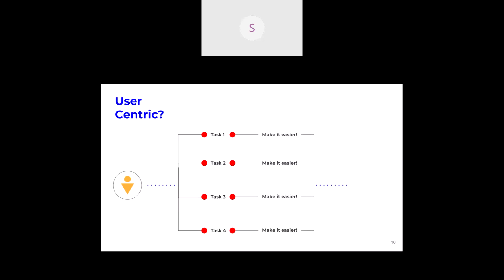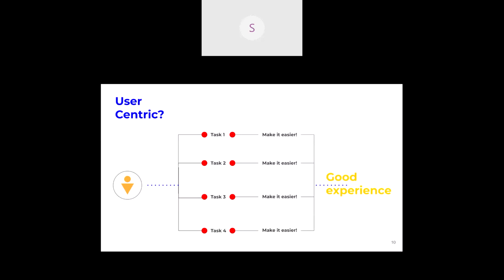The product is not even in this picture right now. And if you are able to get through a substantial number of tasks and make them easier for the user, you ultimately have what could be defined as good experience. And this is what user-centric actually means.